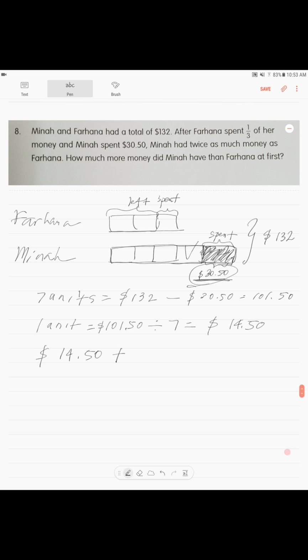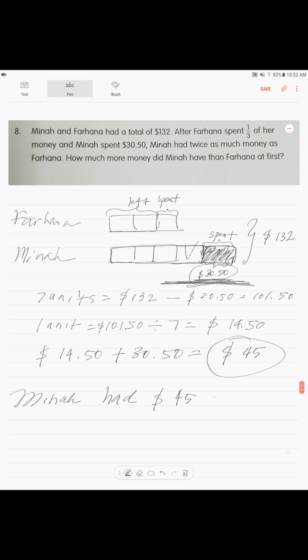Plus the money that Mina spent, $30.50. Altogether, $45. This is your answer. Mina had $45 more than Farhana at first. That's it.